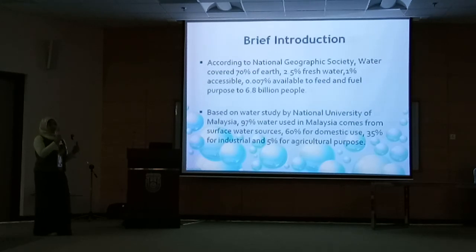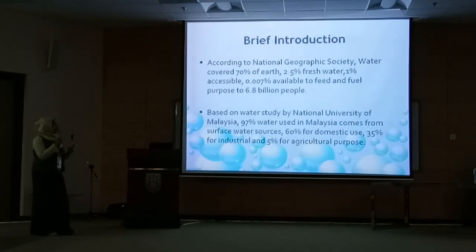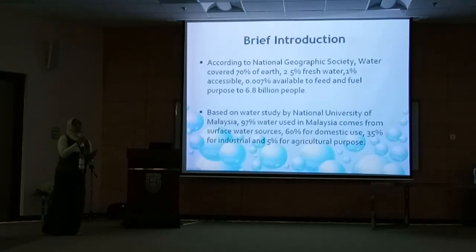Surface water is the main source in Malaysia, and recently there has been water scarcity and big water stress, happening over the last decade, especially in the summer season. So the Malaysian water sector is looking for alternative water resources.